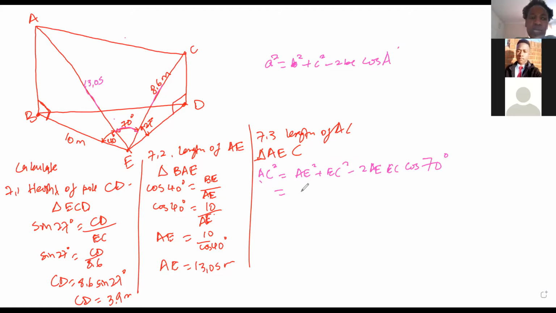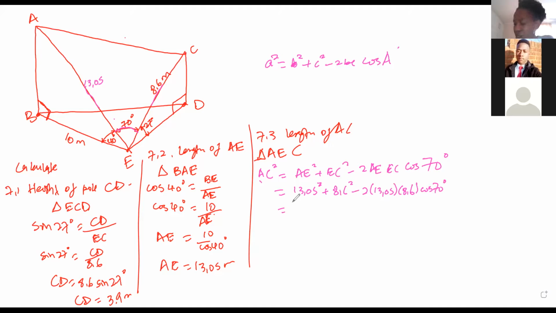AC squared will be 13.05 squared plus 8.6 squared minus 2 into 13.05 into 8.6 cos 70 degrees. Let's calculate this and see.